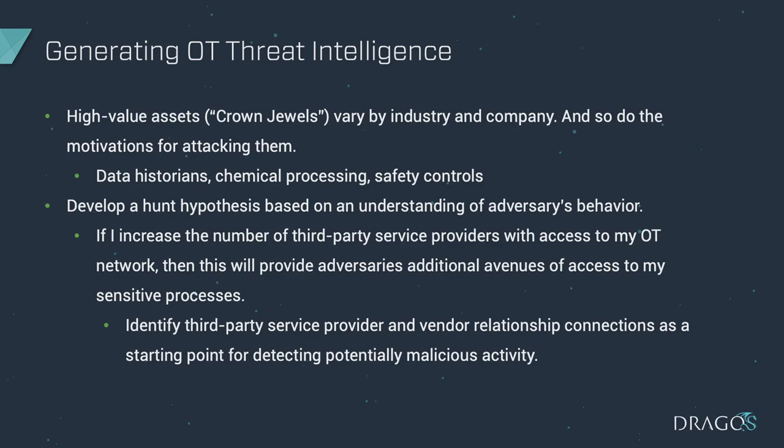So for instance, you have your data historians. That contains a lot of production and process data, a lot of really good insight into the business. So an adversary might attack that for economic purposes to further their own business interests. If we're talking about chemical processing, you might have an adversary that's interested in making their own pharmaceuticals.